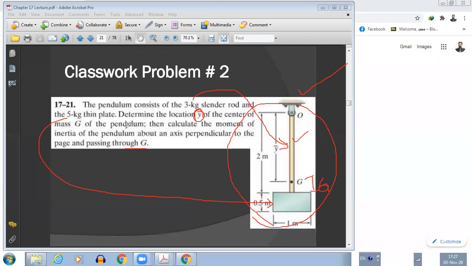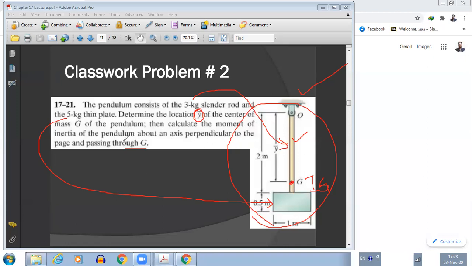Try to understand one thing always. When it is said to calculate the moment of inertia of the pendulum about an axis perpendicular to the page and passing through G, that means the axis of rotation is G. Students get confused sometimes, because in the problem shown here, in reality the axis of rotation is not at G. In reality the axis of rotation is at O. But here in the question, it is not asked to find the moment of inertia for the axis of rotation at O. It is asked to find the moment of inertia suppose if the object was pin connected at G, then what would be the resistance to the rotation of that object?